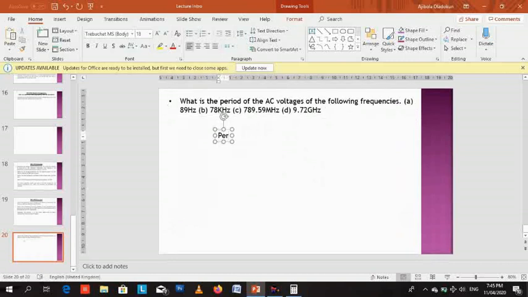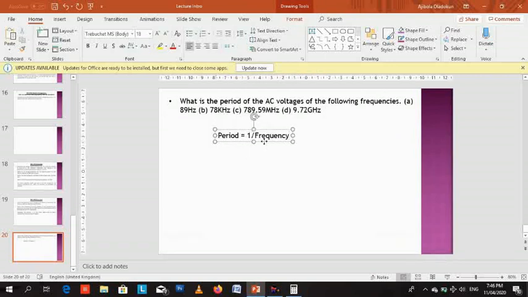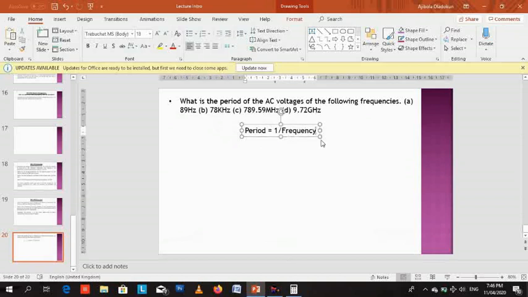So let's go. What is the period of AC voltages of the following frequencies? We discussed this in module 1 of this lecture series, that period and frequency are inversely proportional. So frequency is 1 over period and period is 1 over frequency.